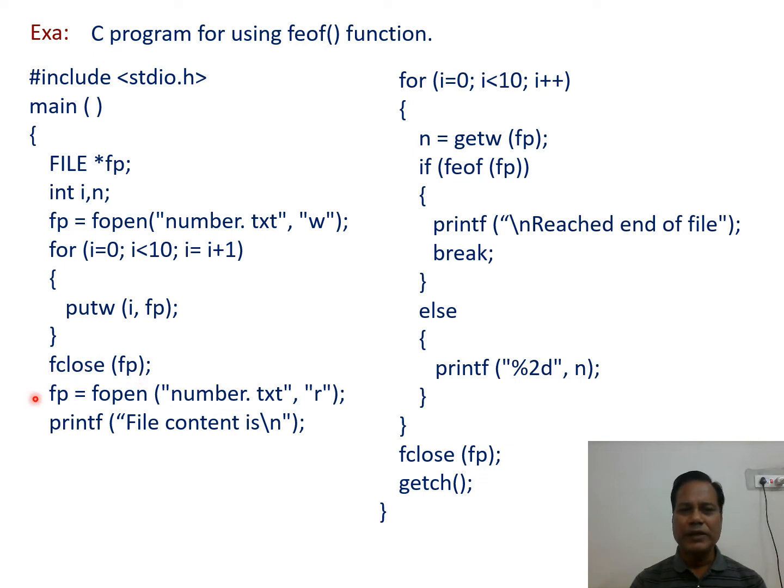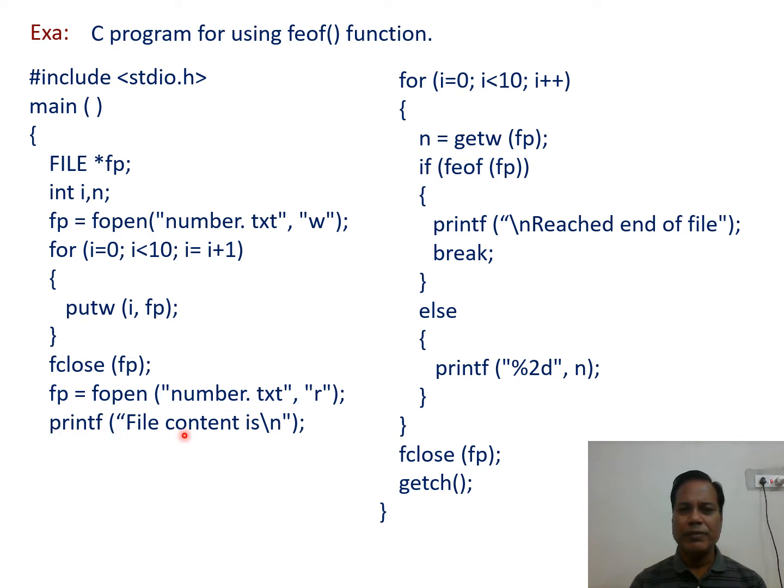Then again the next statement opens the same file, but this time in the read mode, and information about this open file is assigned to the left side variable fp, that is the file pointer.